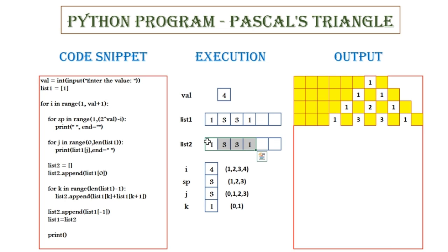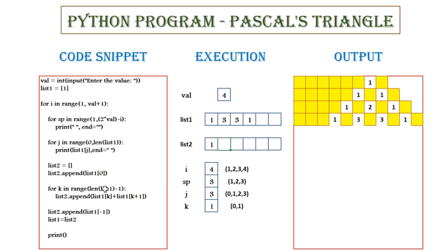So I'm clearing the contents of this list. Then I'll give list 2 dot append of list 1 of 0. List 1 of 0 is 1. For k in range of len of list 1, the length of list 1 is 4. So 4 minus 1 is 3.